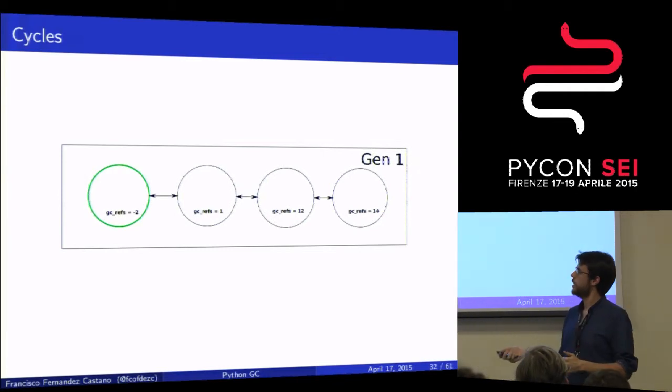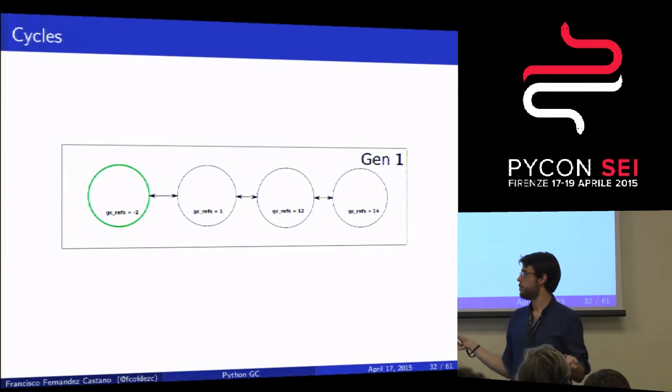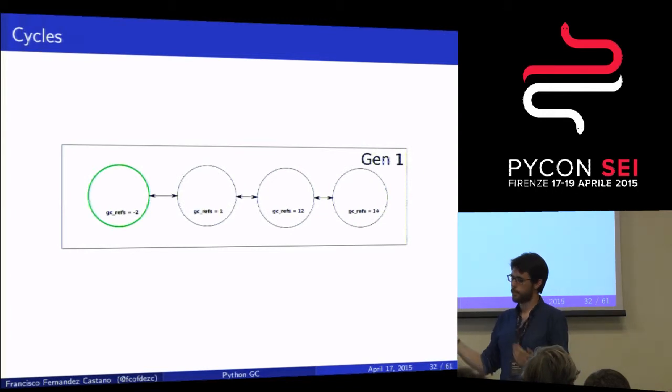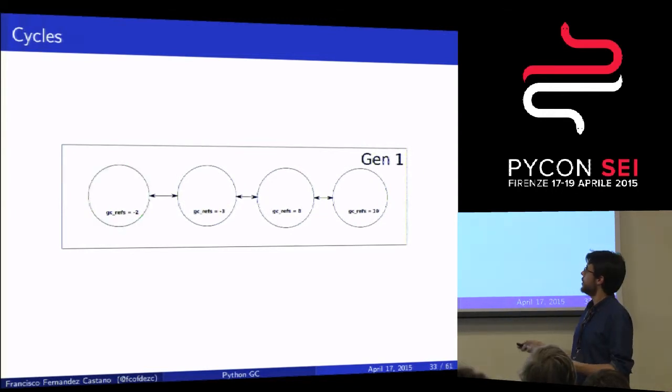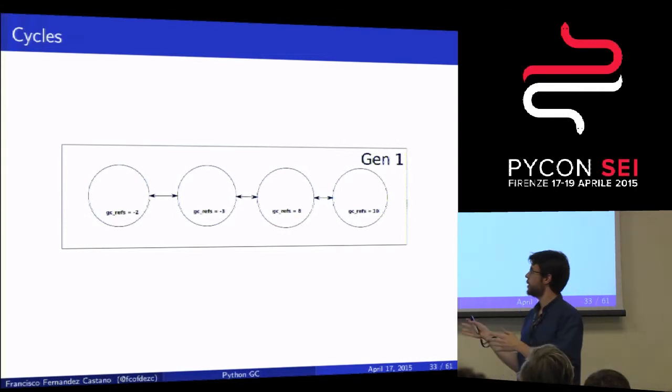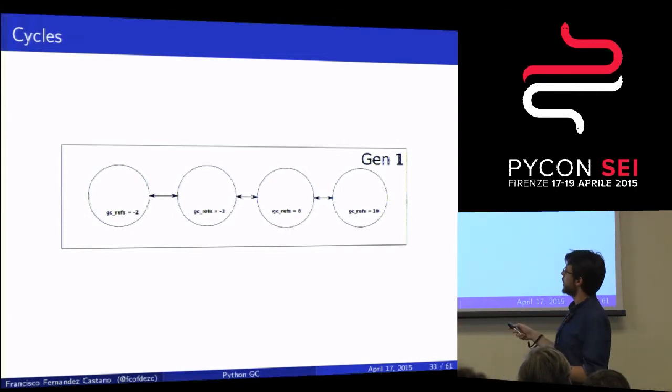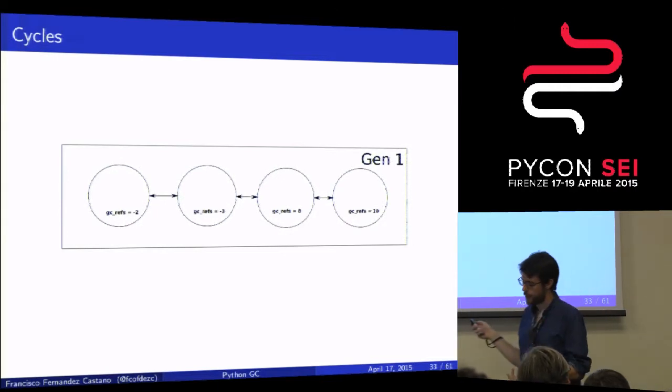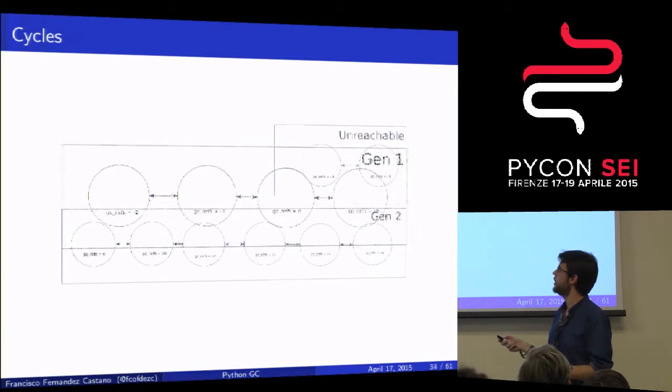If it's less than 0, they are unreachable from outside. So we update all the objects and classify them between reachable and unreachable. This one is unreachable, unreachable, and these ones are reachable from outside of this generation.